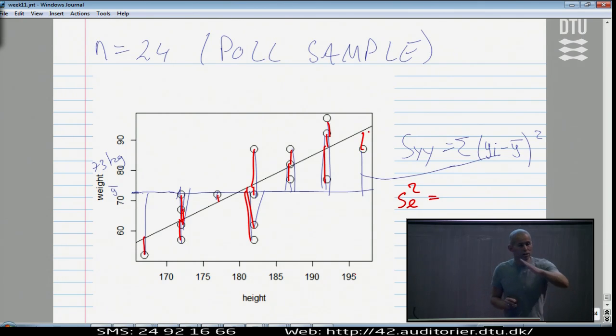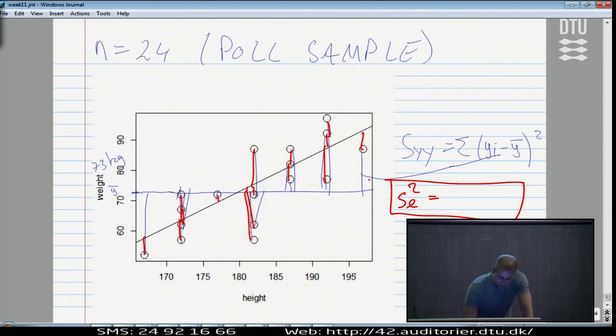And the sums of those are much smaller, right? So we have some variability residually after we have looked at the line, and we have some raw variability. The line explains something and there's something left. That's basically the point I wanted to make.